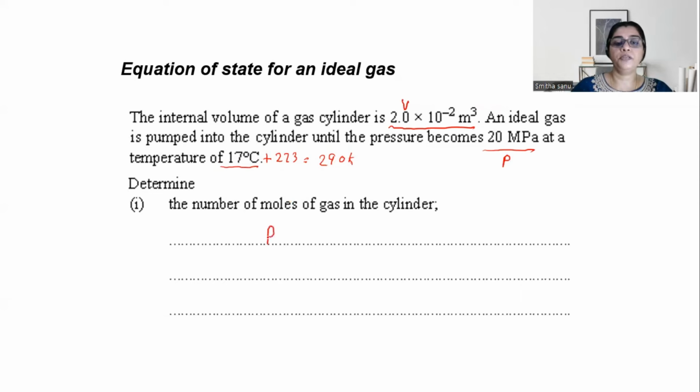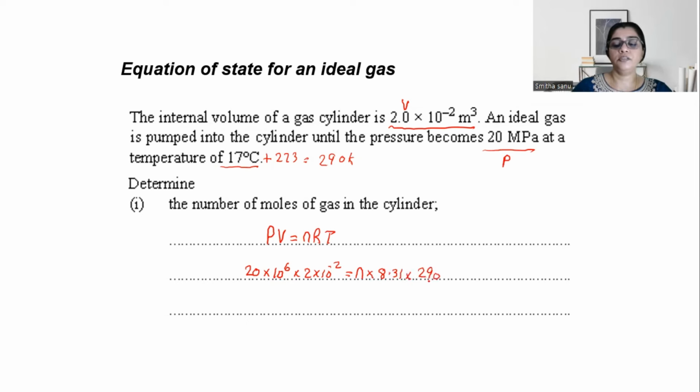So you start with PV equals nRT. Pressure is 20 times 10 to the power 6. Volume is 2 times 10 to the power minus 2. You have to find the number of moles of gas in the cylinder. n is the number of moles, R is 8.31, and T is the temperature in Kelvin, which is 290.